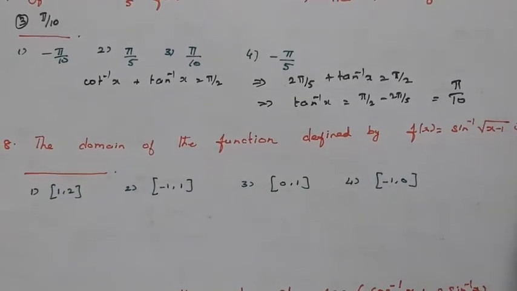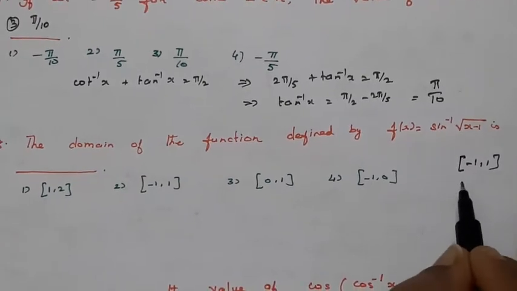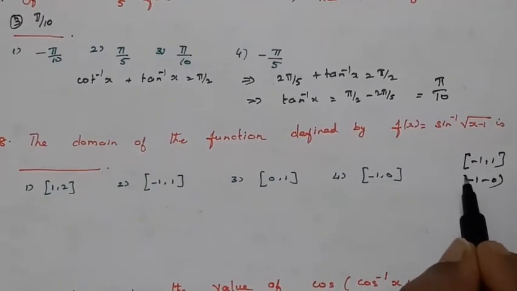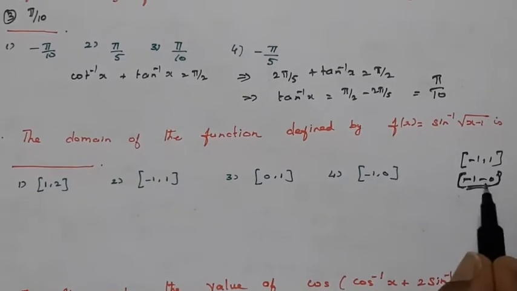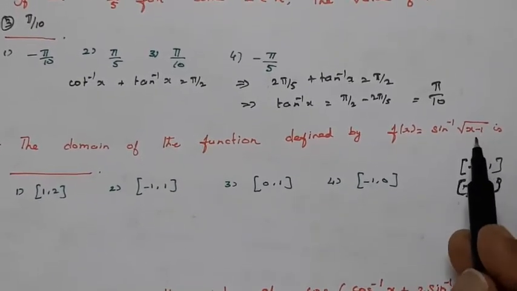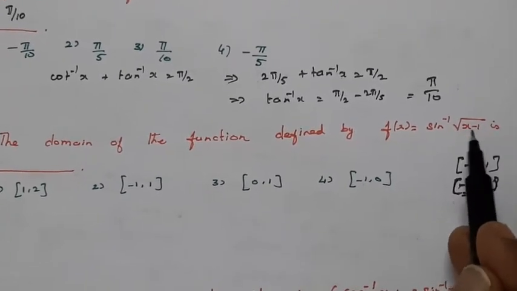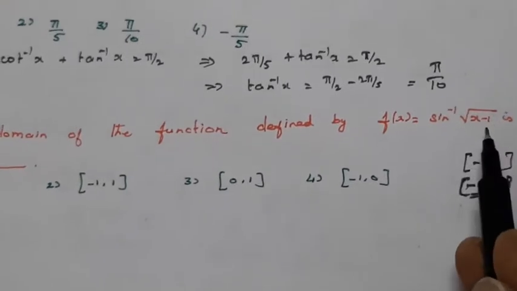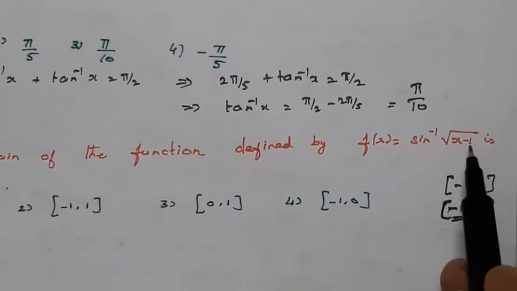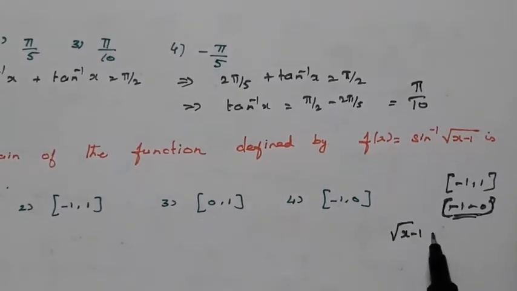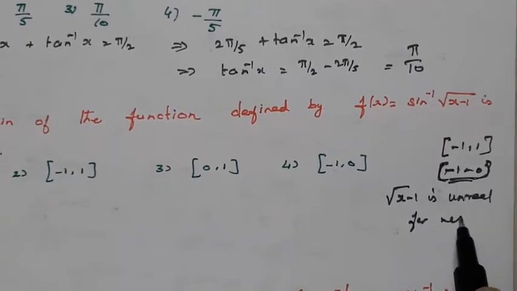If we take the values from minus 1 to 0, that means negative values, root of x minus 1 will become an imaginary value, not real, for negative values.